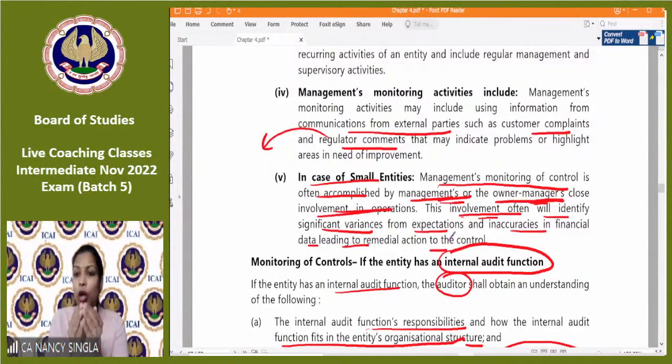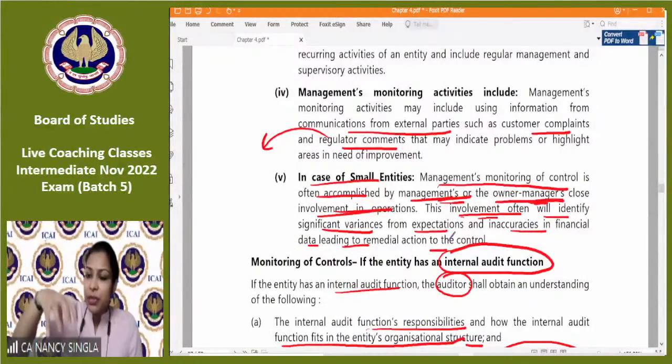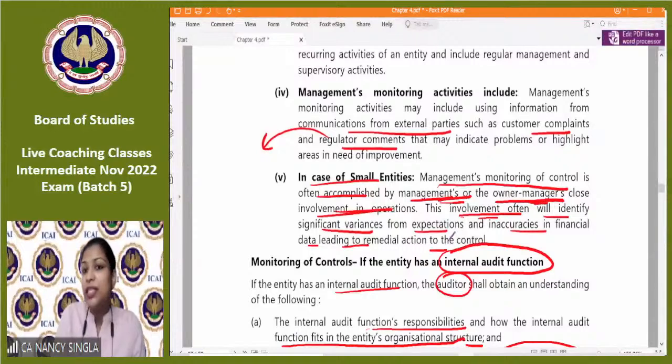So in case of small entities, one person is controlling everything. Since the owner-manager is himself involved in the operations, his close involvement in the operations is itself monitoring of controls.